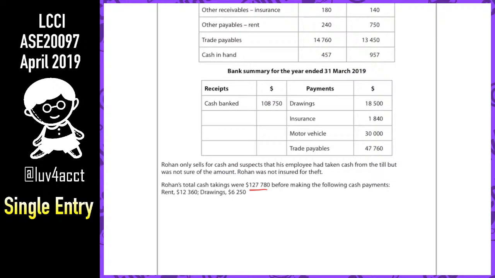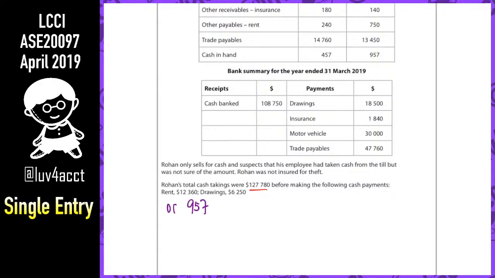Let us check the opening and closing balance to see if it matches. Opening, yes, I think so. Everything should go in.